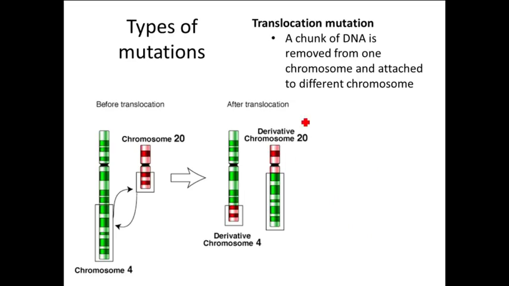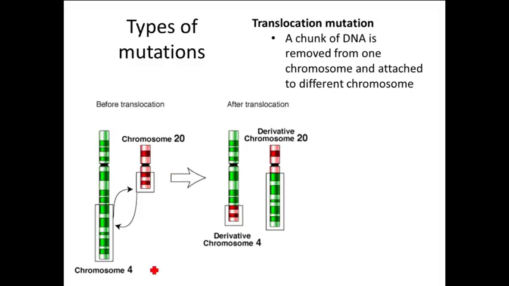There can also be translocation mutations, and I put in this diagram because I really did not like the one in your book. I thought it was incredibly confusing, and so I was guessing you would too. It's just a simple idea, really. Part of one chromosome pops off and is attached to a different chromosome, okay? And in this here, it's showing 2 ends of a chromosome being translocated, like they have exchanged their ends.